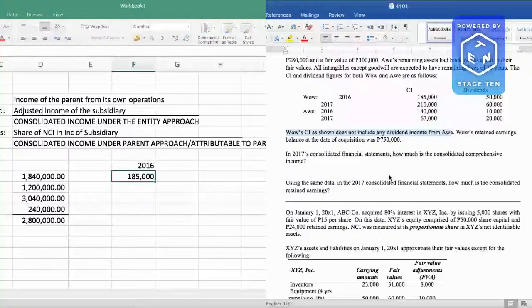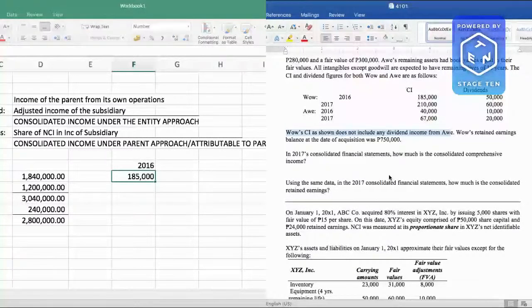How much depreciation expense did it report? Only 56. How much should it report as far as the consolidated entity is concerned? 60. So in the eyes of the consolidated entity class, the depreciation expense is understated, thereby resulting to an overstated income or profit. So in the eyes of the consolidated entity, the 40,000 profit is overstated by 4,000.